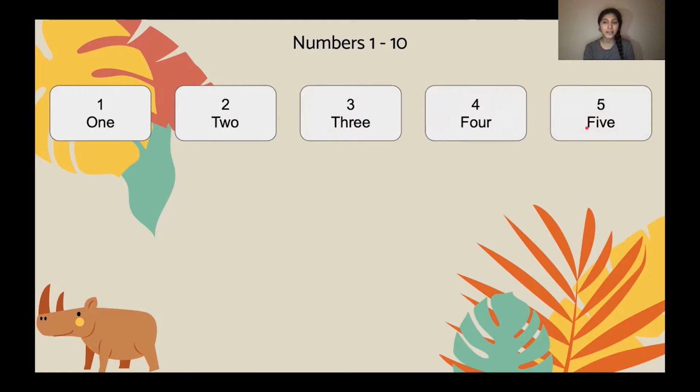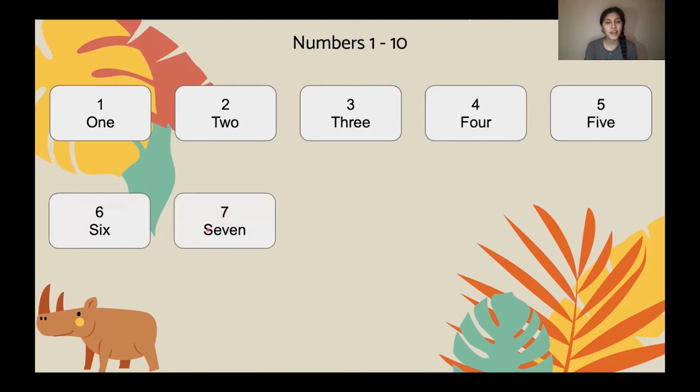Then we go on to number 5. And 5 is F-I-V-E. 5. We have 6. 6 is S-I-X. S-I-X. Then it's 7. 7 is S-E-V-E-N.